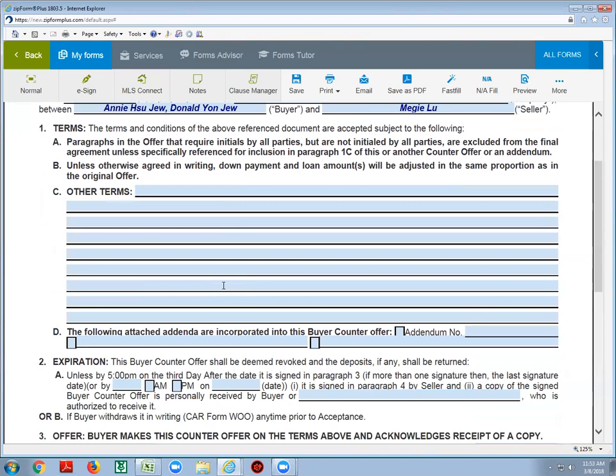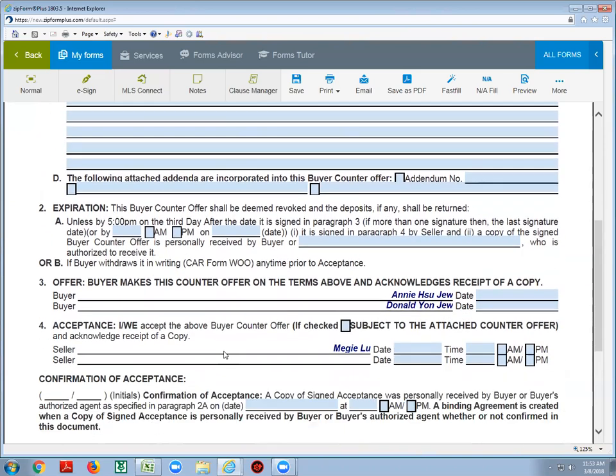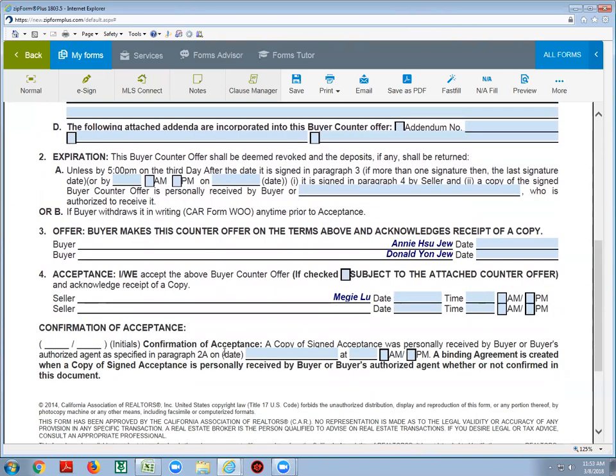This part is about the same. And here the D, same thing. If you want to attach anything, you mark it here. Expiration, same thing, 3 days. Then B, if the buyer withdraws in writing anytime, you're using the withdrawal of offer. Because a buyer can also withdraw their buyer's counter, you can use the same form. You just notify the seller we're backing out. Don't waste time with us, you don't have to counter us anymore.